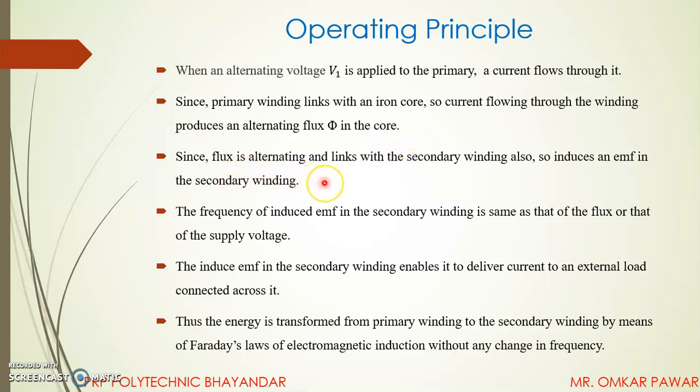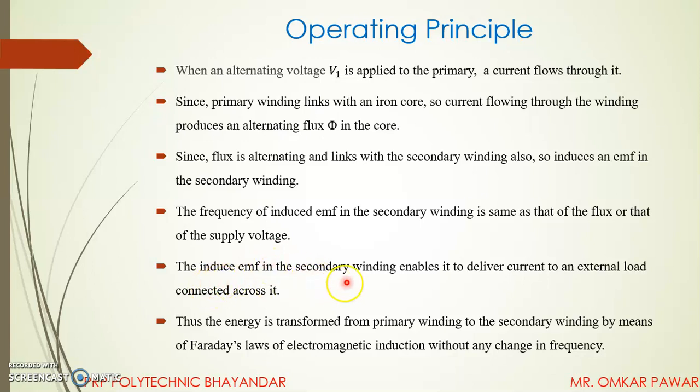The flux is alternating, that is, it changes its value from time to time and links with the secondary winding also. So it induces an EMF in the secondary winding. The frequency of the induced EMF in the secondary winding is the same as that of the flux or that of the supply voltage given to the primary.